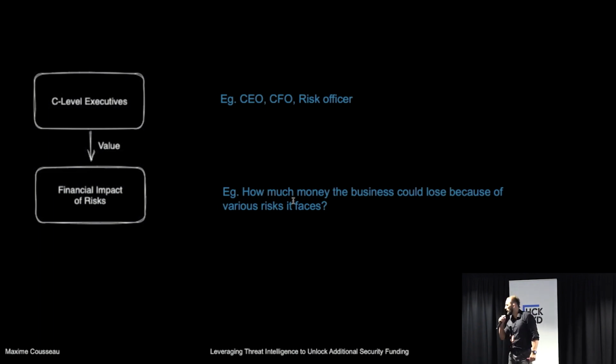By way of example, I'll use financial impact of risk because it worked for me in the past. That resonates a lot for the C-level executive, to talk about dollar figures, right? Not necessarily risk level. So how much money the business could lose because of various risks it faces.